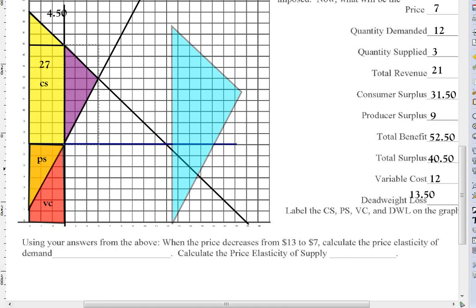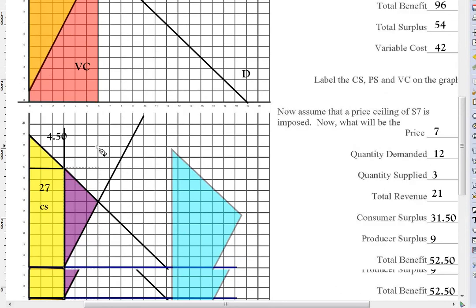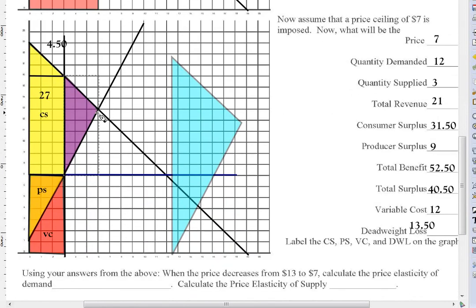And that deadweight loss is how much the total surplus went down because something got in the way of achieving this equilibrium point. We were able to get to the equilibrium here. That's where our total consumer and producer surplus is maximized. But because of the price ceiling, we're not able to get to the price and quantity we were before.